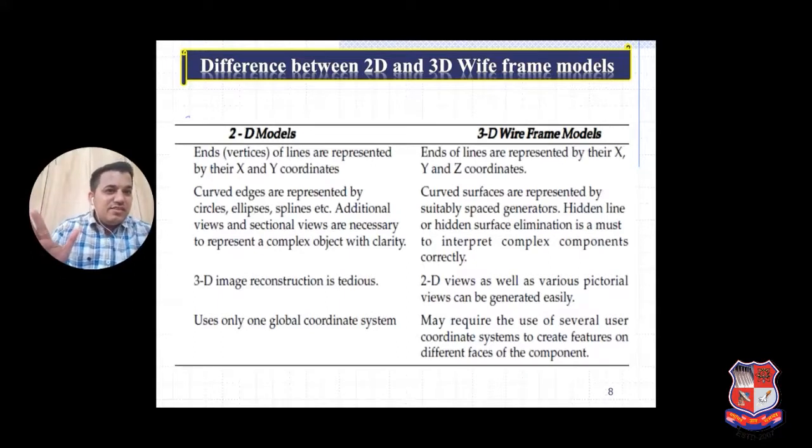If I want to present 3D wireframe modeling, then we have the toroid, a cone, or any cylindrical formation, which comes under 3D wireframe modeling. So 3D and 2D views are different representation techniques for the different sides, and 2D uses only one global coordinate system.